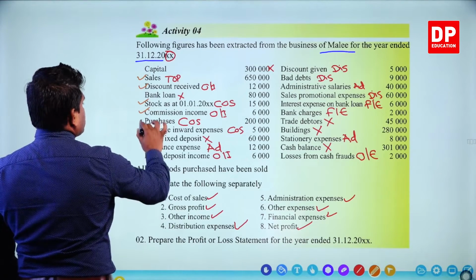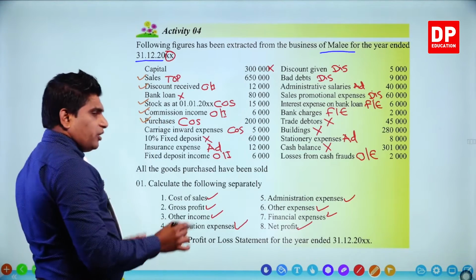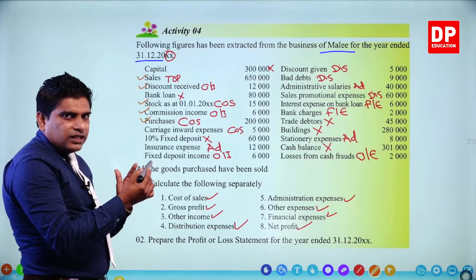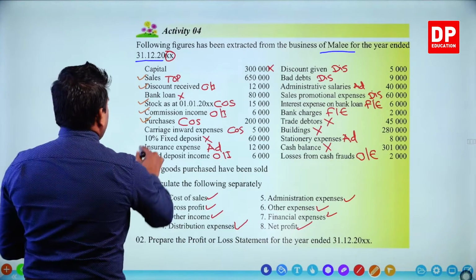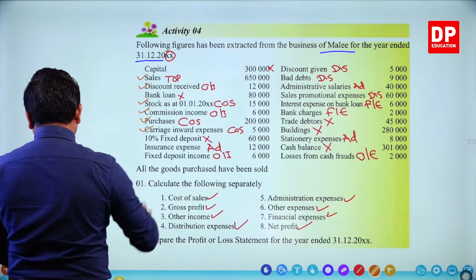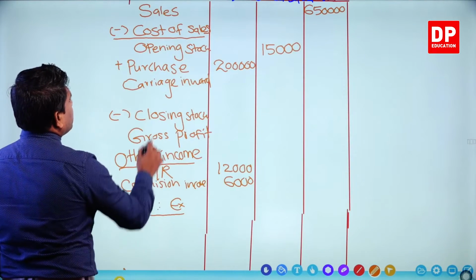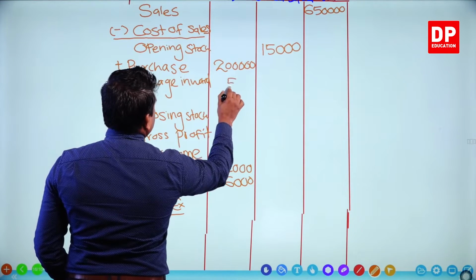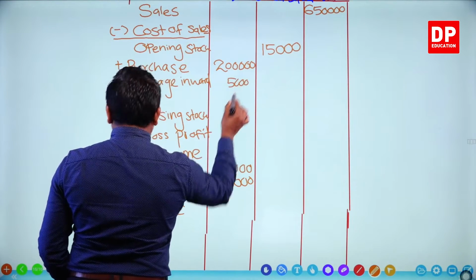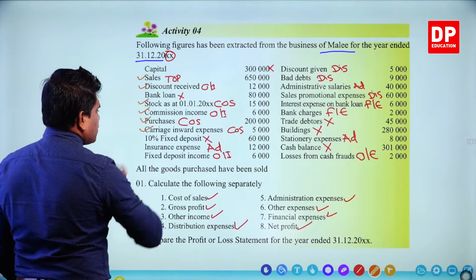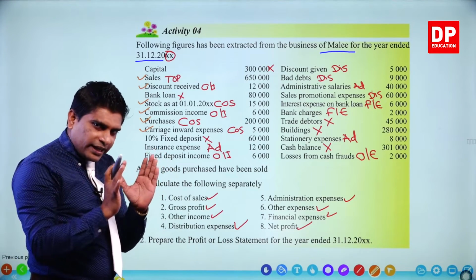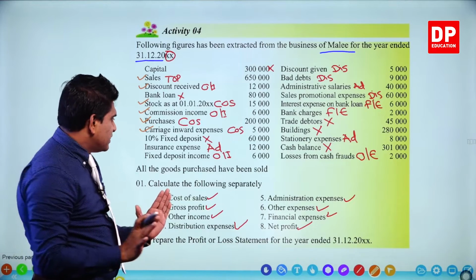Commission income finished, purchase finished. You put the tick after taking the detail to the profit and loss statement. It's easy for you, right? Then carriage inwards 5,000. Carriage inwards 5,000, right? Here you put 5,000 under the purchase. Then next one, 10% fixed deposit is an asset, so you don't take it. Asset we don't take.